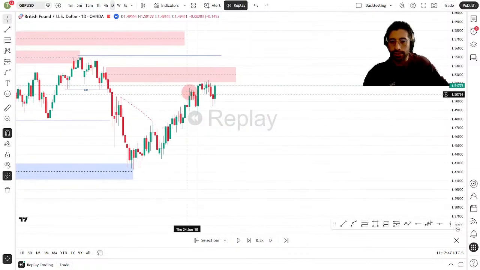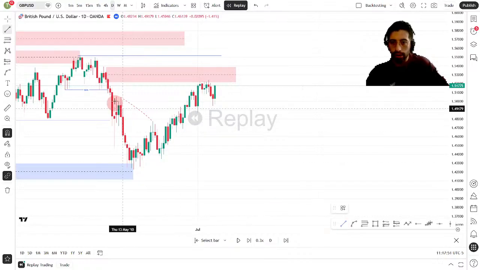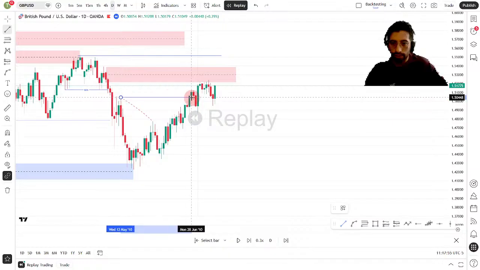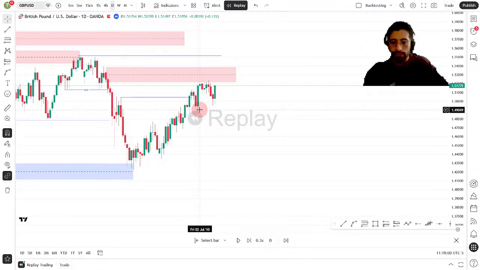The price has entered in an order block, but it also can make a change of character, a market shift, since we have a BOS here. Well, this would be our entry point.